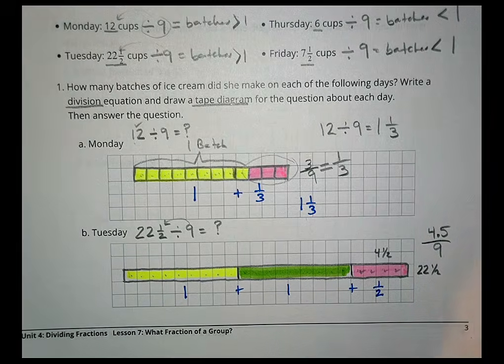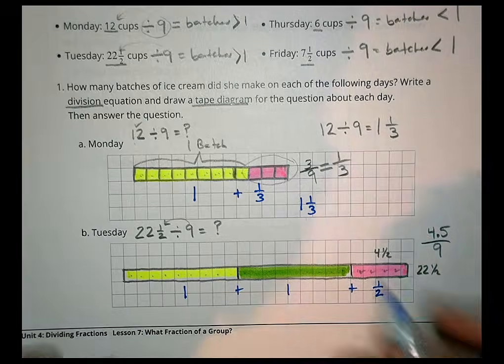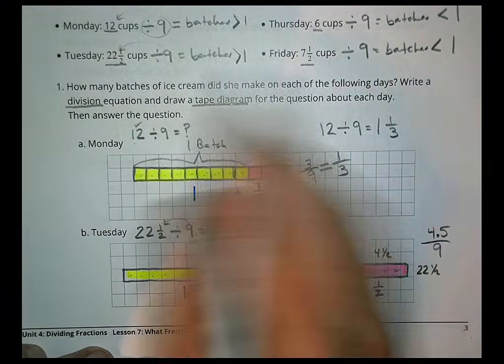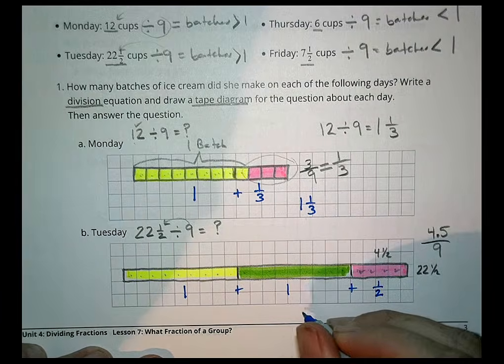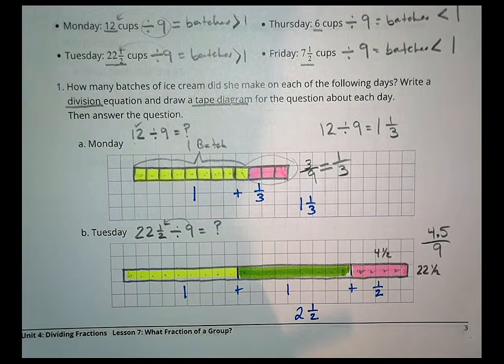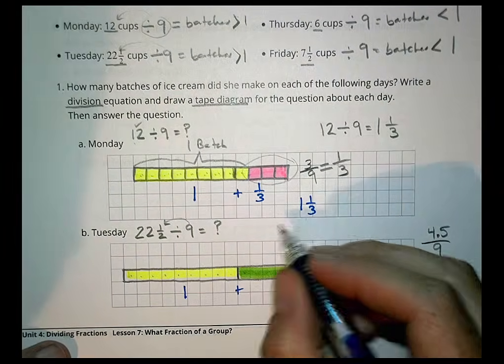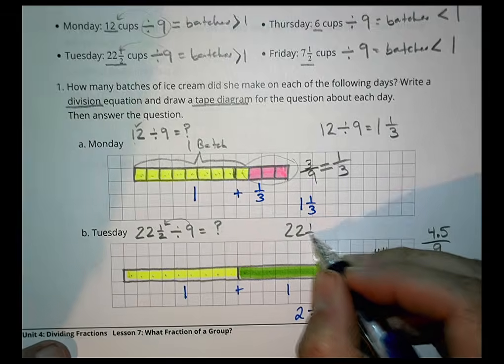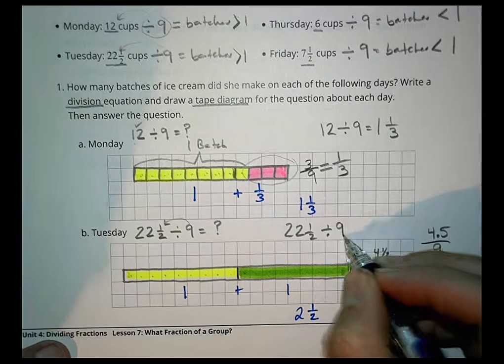So in our case, because they used 22.5 cups of the milk, they made 2.5 batches there. As a full division problem, we would say that this is 22.5 divided by 9 equals 2.5.